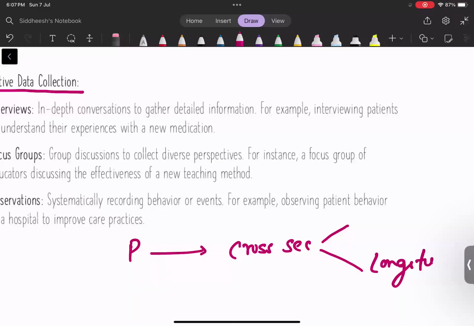So do you know the difference between the cross-sectional and the longitudinal? Do you know the difference between the cross-sectional prospective study and the longitudinal prospective study? Anyone? Any guesses?